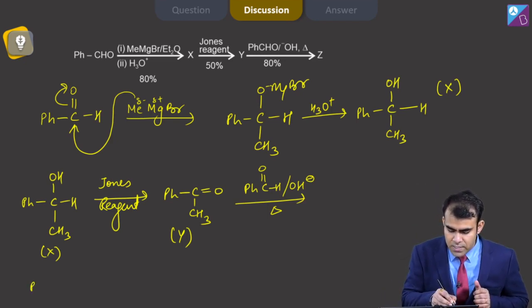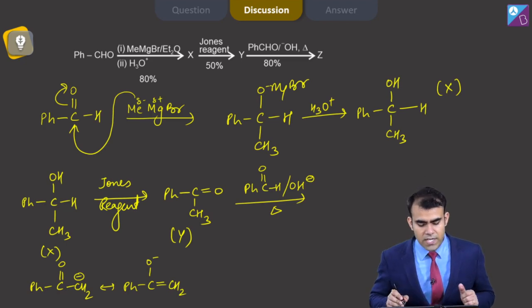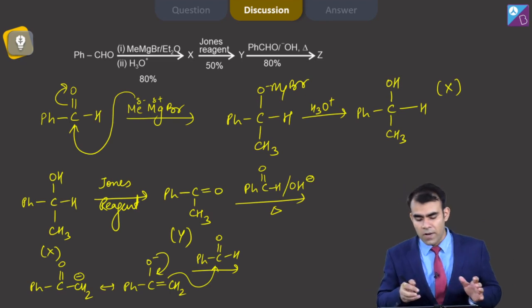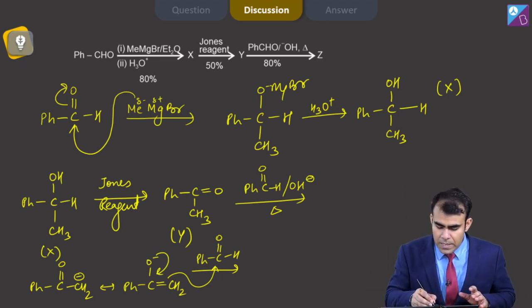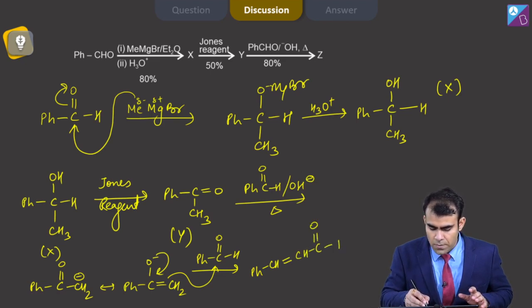So here what happens is PhCOCH2 minus will be formed first, which can be represented as O minus, C double bond CH2, and this attacks on PhCOH, and it moves here, this moves here, cross aldol will happen, and finally after even CB mechanism, the formed compound is an alpha beta unsaturated COPh.